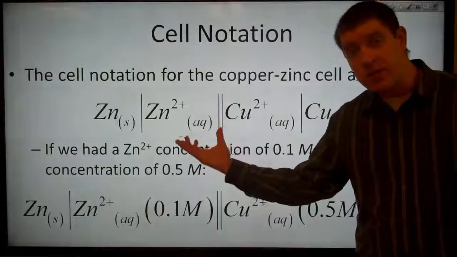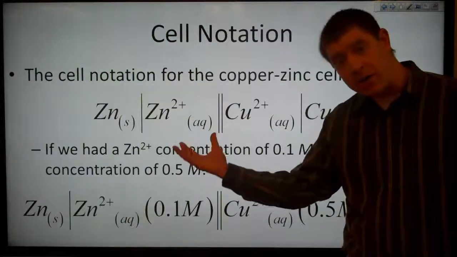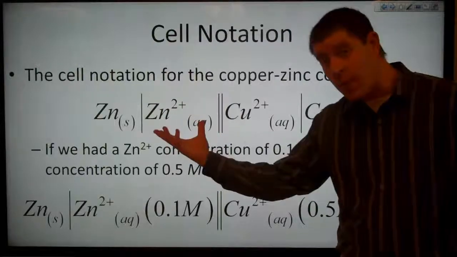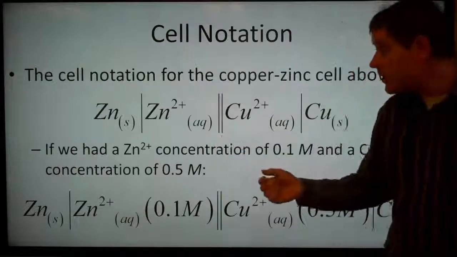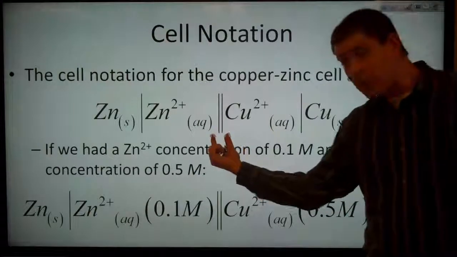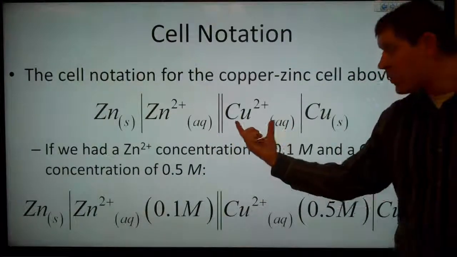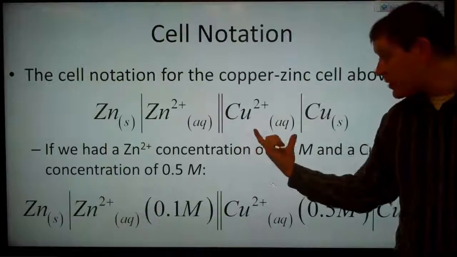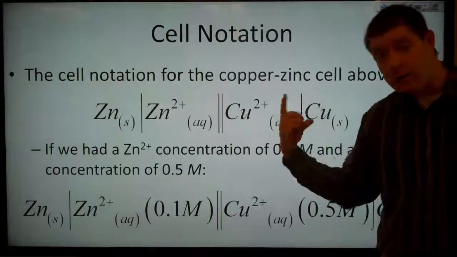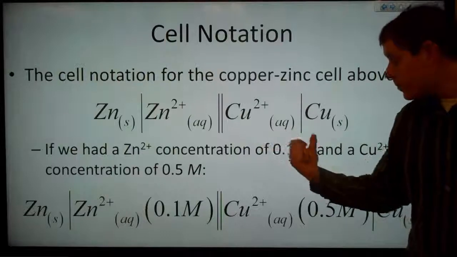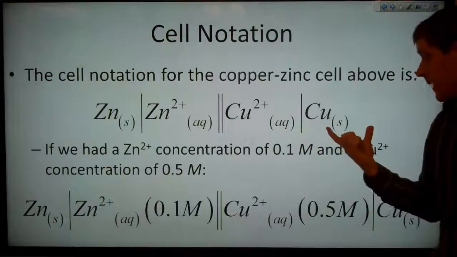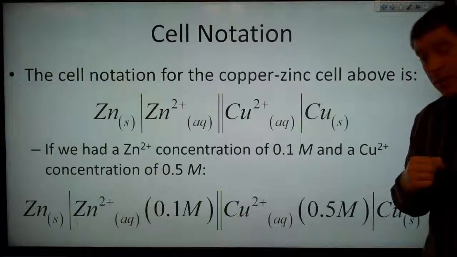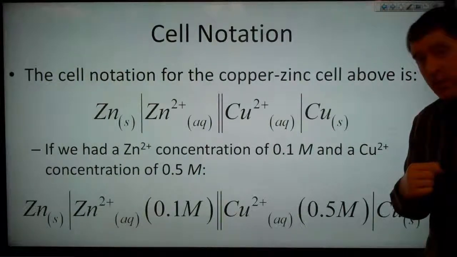There obviously has to be some counter ion around, but because the counter ion is not involved in the reaction, it doesn't matter, provided that it doesn't precipitate with the zinc. Then we've got our salt bridge, and in the other compartment we have our copper 2+ in aqueous phase, and again some counter ion that we don't need to write. And then we've got a phase barrier there, and our copper solid.